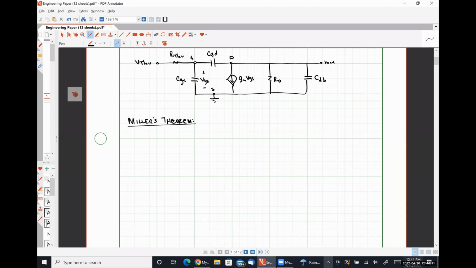So let's say that we have a portion of a circuit, right? Where this is going to be node 1 on the left-hand side, and there is some voltage V1.